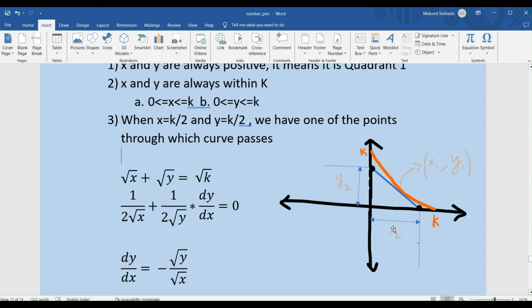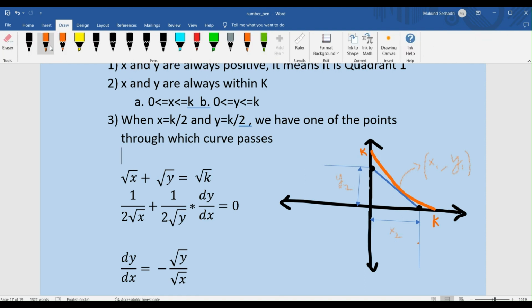So I'm calling these x2 and y2. As you can see here, I would have marked these points as x2 and y2. So we will have to find out what x2 plus y2 is. That is how we are going to proceed through this problem.